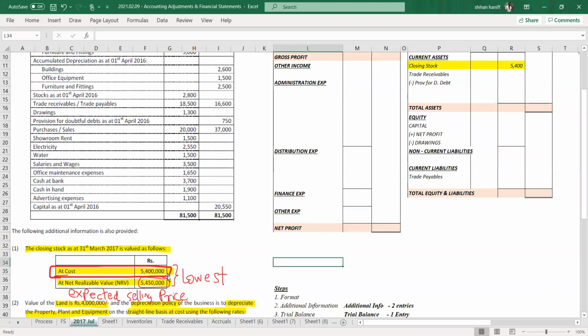Inventory is valued at the lowest of cost and NRV. What is the concept? That's the prudence concept. If the NRV is less, we have to write off. If the NRV is more, we don't write off. We don't add the profit based on the realization concept.